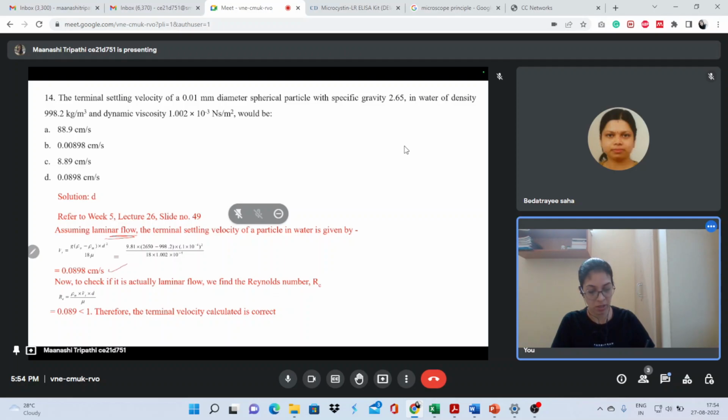Velocity is this one. Then we checked if it is laminar or not. When we found out, this was less than 1. So therefore the terminal velocity calculated is correct. It means the flow is laminar because Reynolds number is less than 1. So this is the correct answer. If it's more than 1, then we will use different equations for finding out velocity.